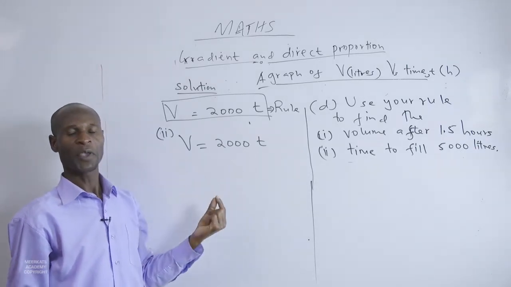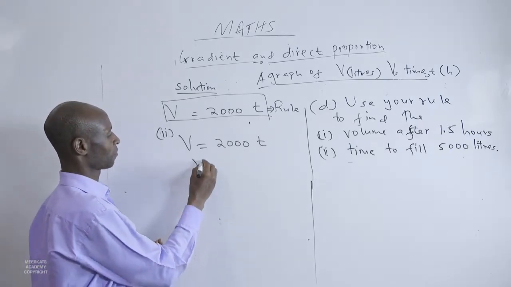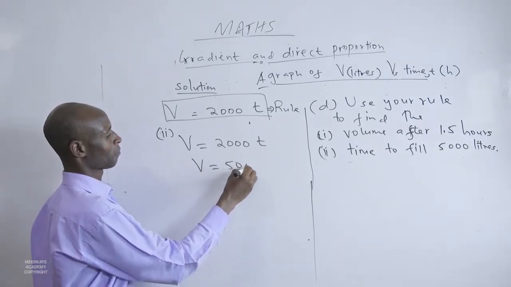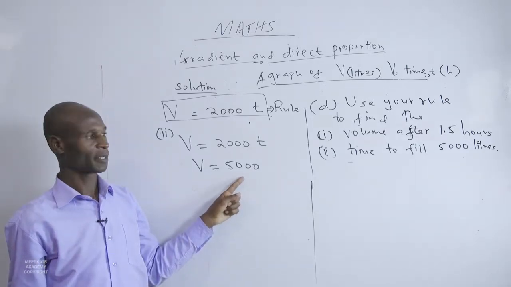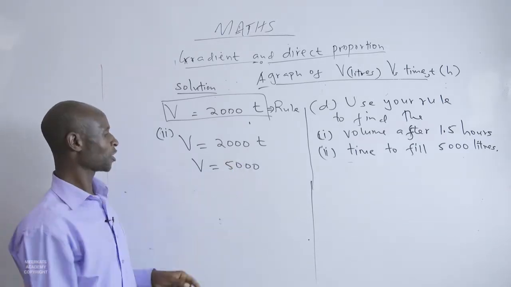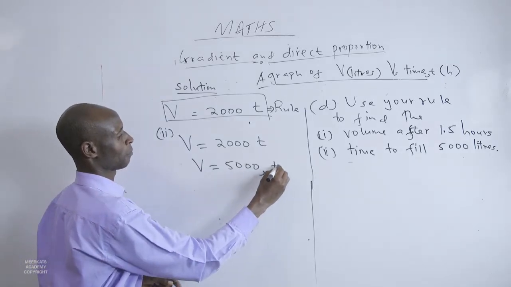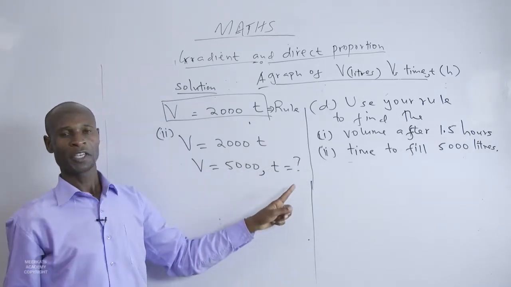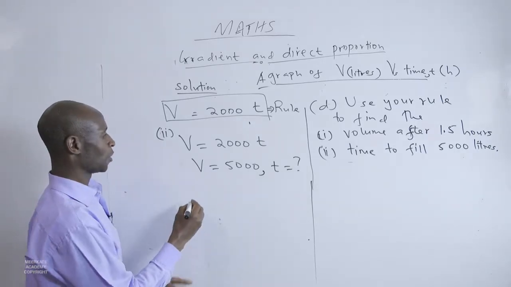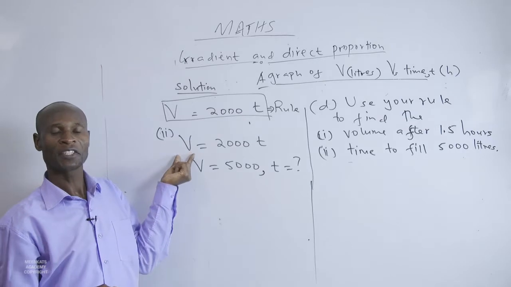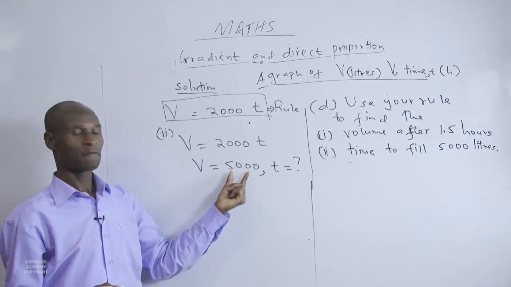In this case, we are given V. V is 5,000 liters. You want to get time. T is unknown. So we substitute where there is V with 5,000.